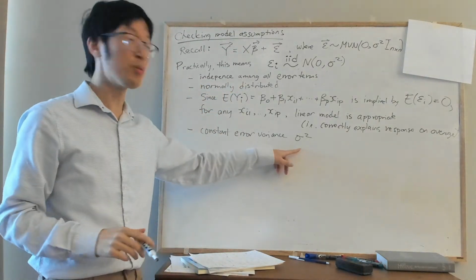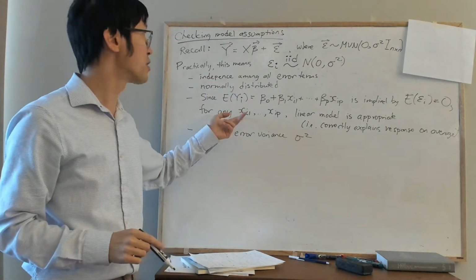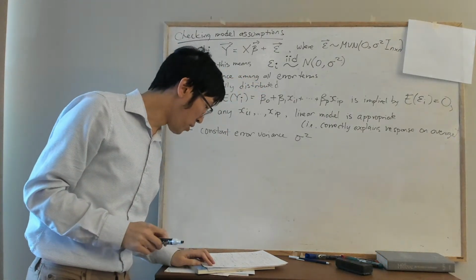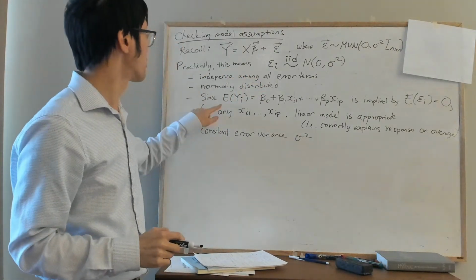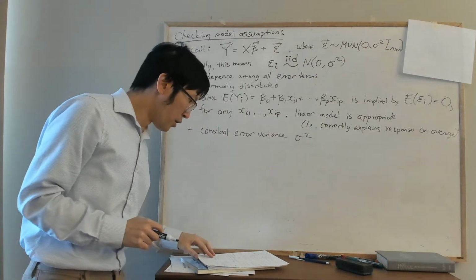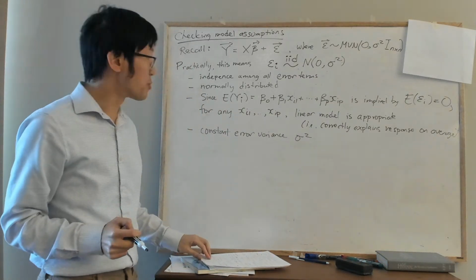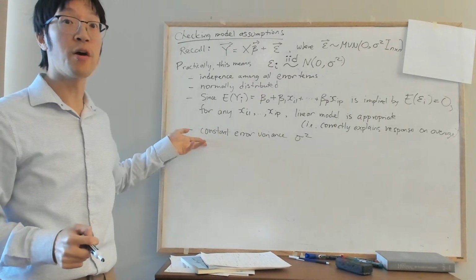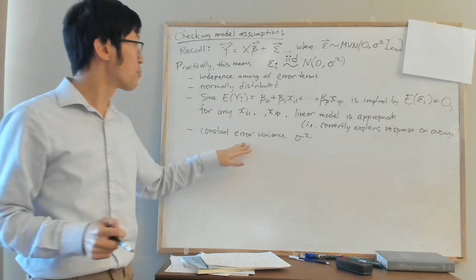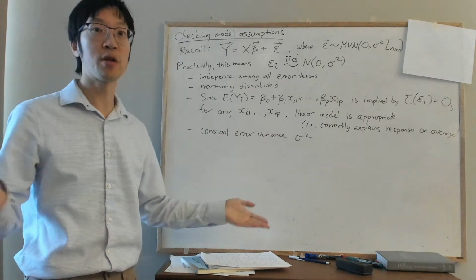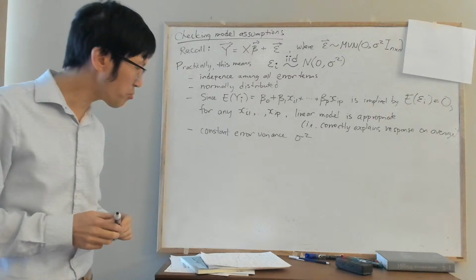That has to be true no matter what values of x you plug in, and no matter where you are in the plot as far as the expectation of the response is concerned. We'll quickly see some examples later today where this can be easily violated. Sometimes the error will increase, for example, with the expected response.